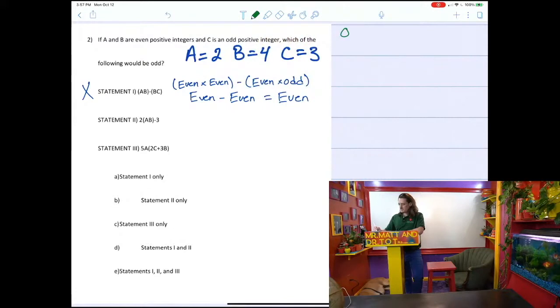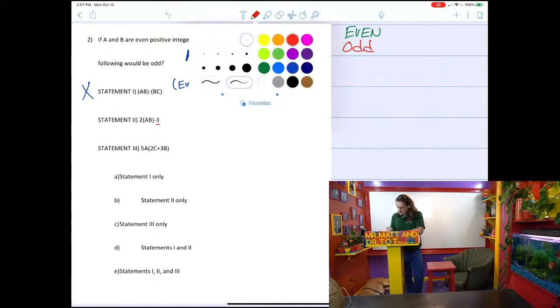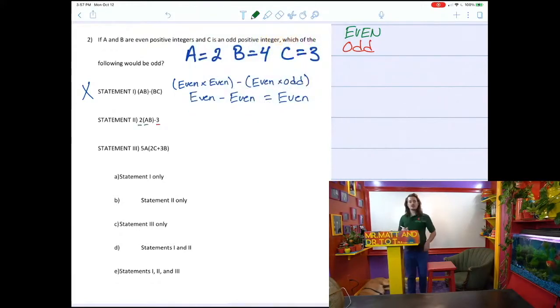I'm going to do the even numbers in green and the odd numbers in red. So 3 is obviously an odd number, and then all the other numbers are even. So just characterize the values as even versus odd, and then take the relationships one at a time to look at what characteristic the result would be.